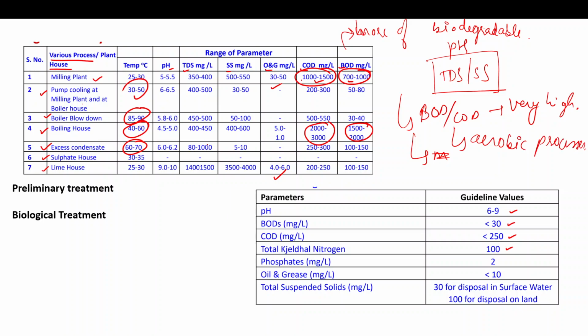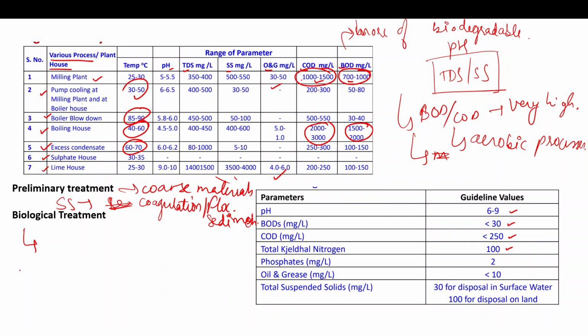In terms of treatment processes, you will mainly have preliminary treatment for the removal of the coarse material. Then for any other suspended materials, you will have coagulation, flocculation, and sedimentation, right? The main important treatment here will be the biological process.